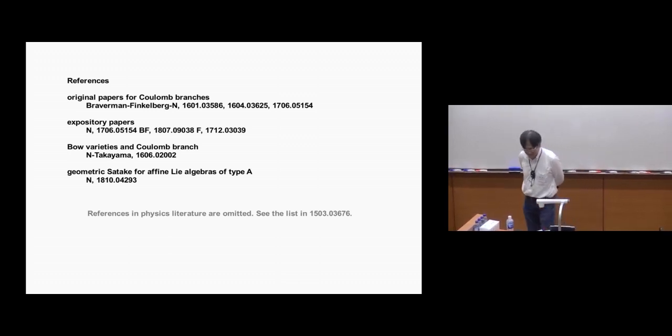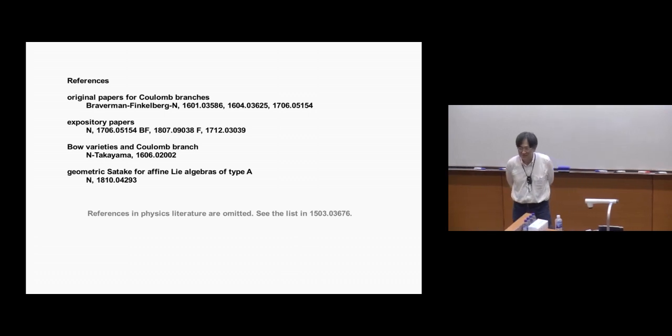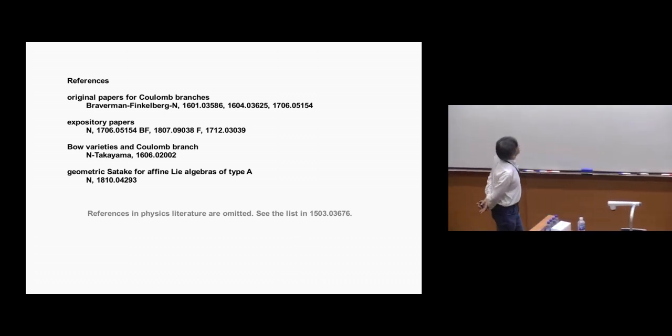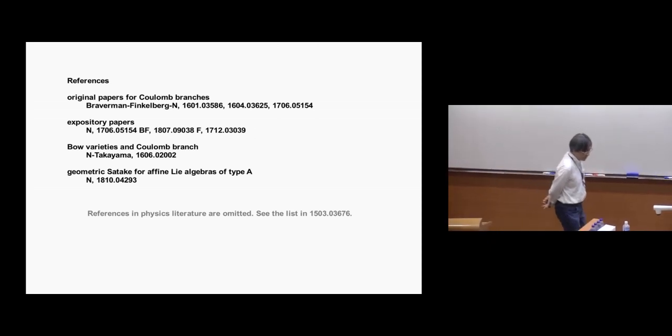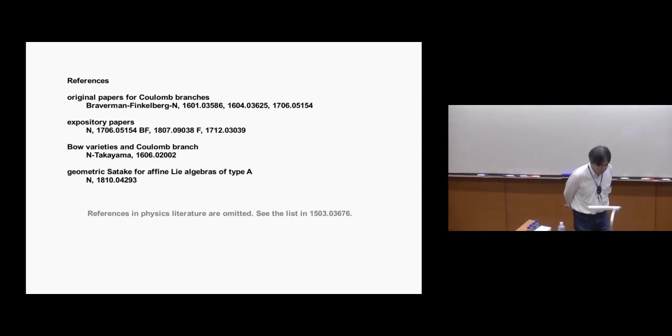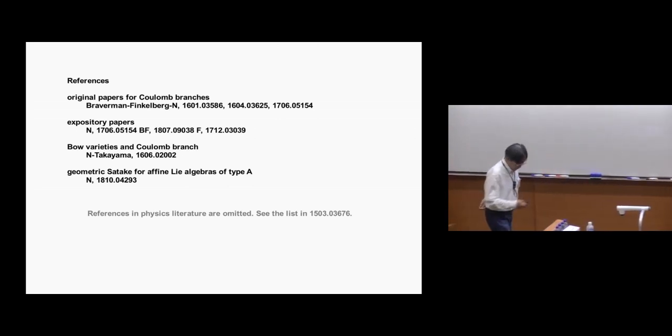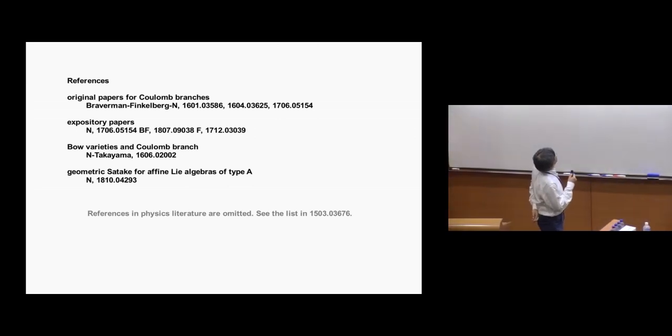Thank you very much for the very nice introduction. So, I'd like to talk about Coulomb branches and Bow varieties and also geometric Satake for affine algebras. These are references for this series of talks.